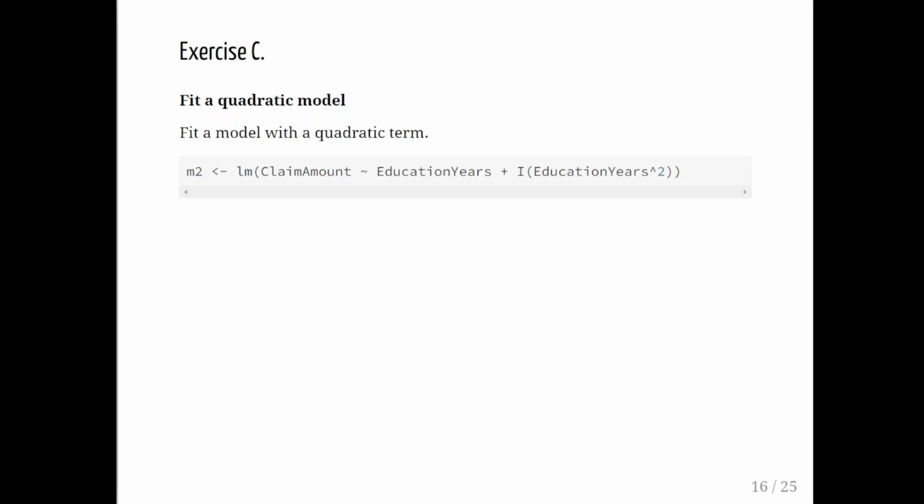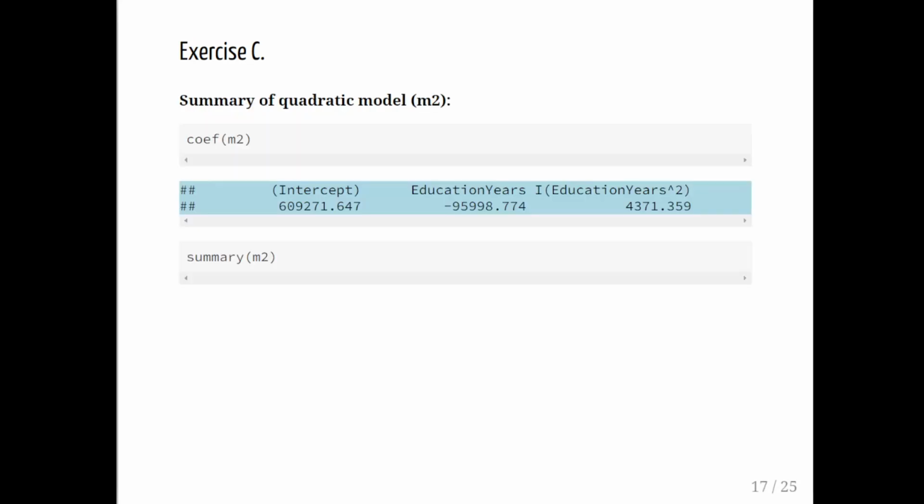It's actually two predictor variables essentially in the respective number of parameters, but we use the first term, EducationYears, to create the second term. Hence the importance of using I.